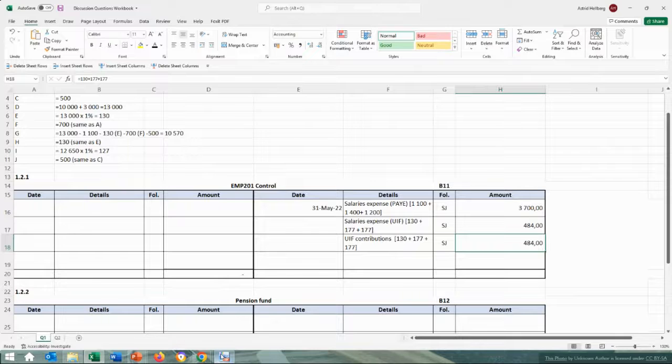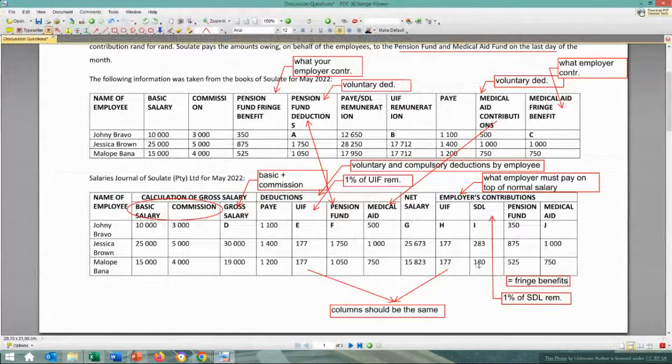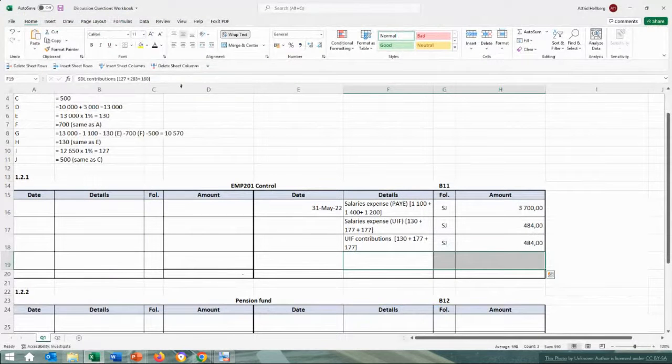And then the next one is your SDL. We would say debit SDL contribution, credit EMP 201 control account. So this would be your SDL contribution.